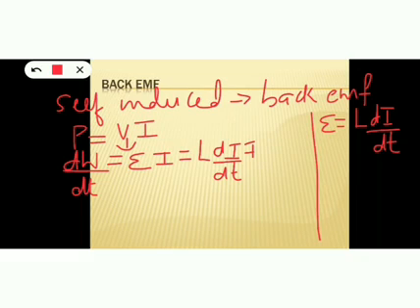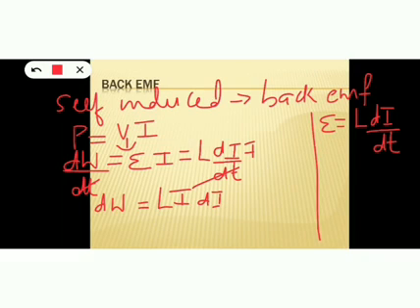So we got dW by dt equal to L into di by dt into I. Here just omit this dt on both sides. So you will get dW is equal to L I into di.